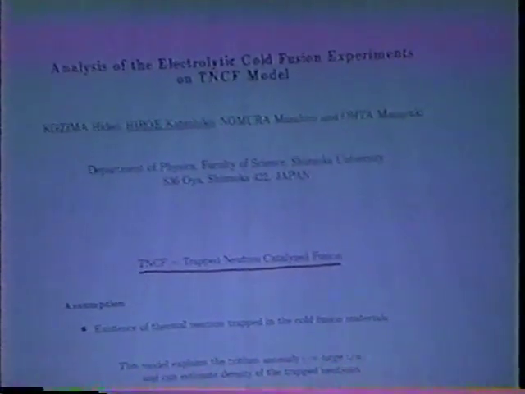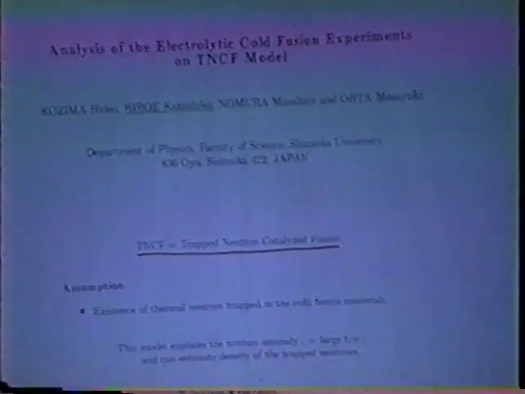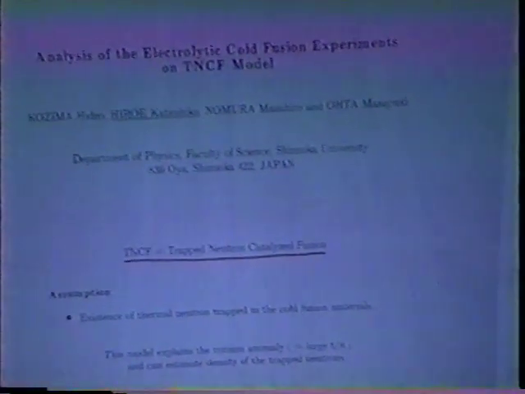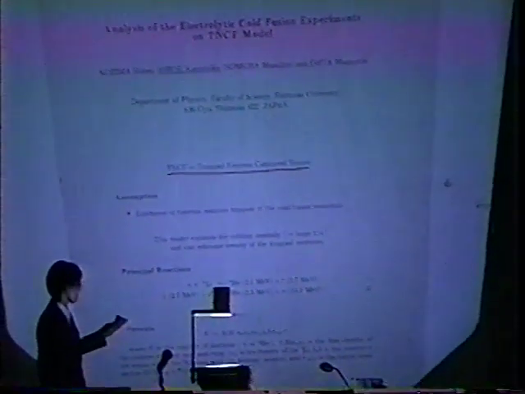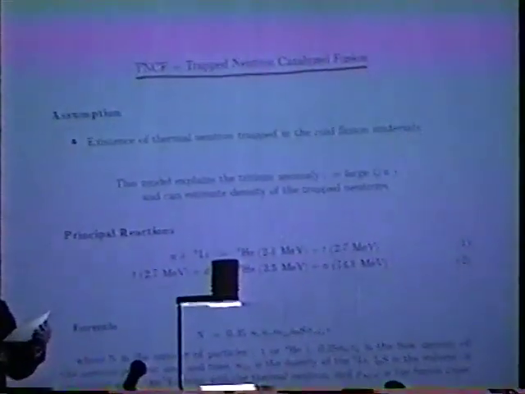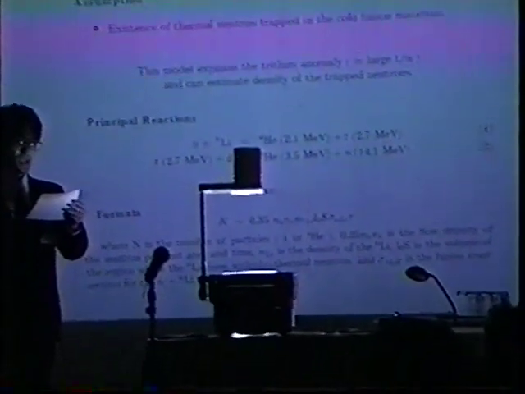Hello, I prepared a presentation of the analysis of electrolytic experiments on the TNCF model. TNCF means trapped neutron catalytic fusion. The TNCF model was proposed by our teacher, Dr. Kojima. It assumes the existence of thermal neutrons trapped in cold fusion materials.